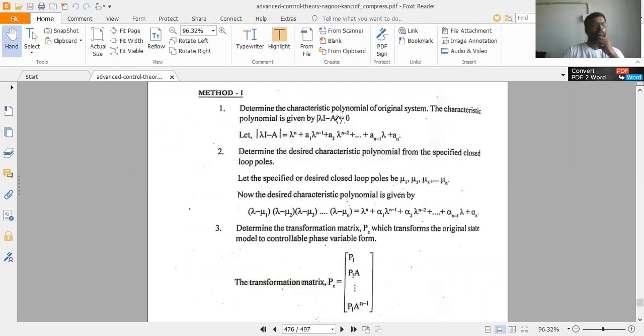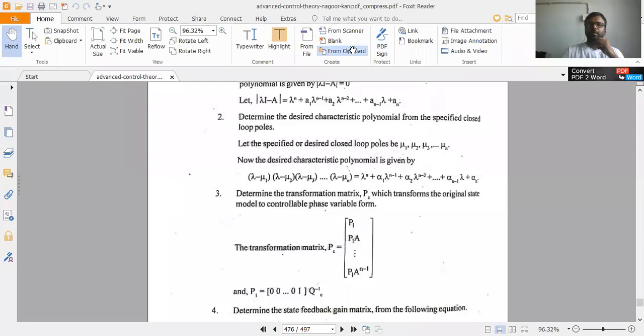Now we have to determine the transformation matrix P suffix C, which consists of a single column of elements comprising P1 into A, P1 into A square, P1 into A cube, and so on up to P1 into A power n minus 1, where P1 is a row matrix consisting of all zeros except the last value, which should be 1.